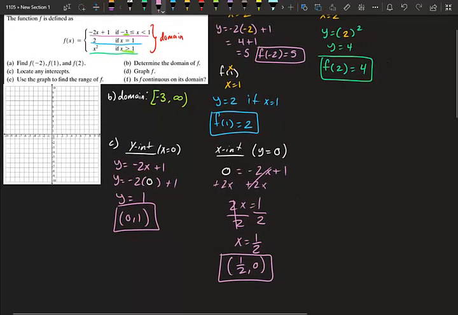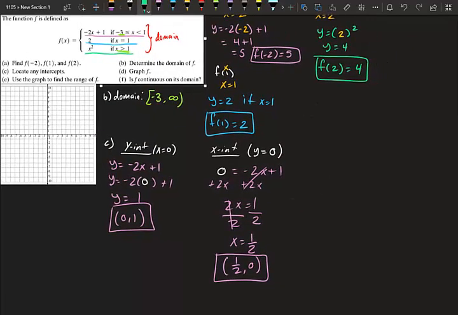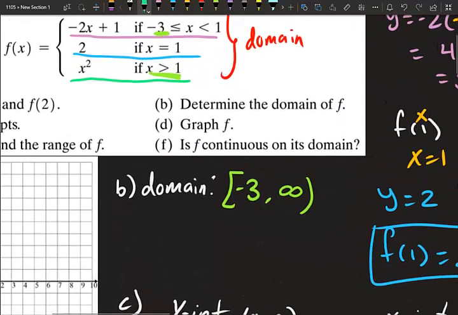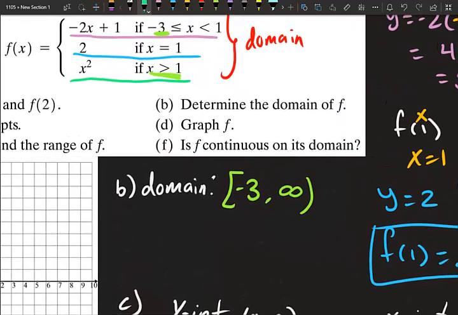Now we have to do the same thing with the bottom one. So the bottom one, we have y equals x squared, so we're going to replace y with 0: 0 equals x squared. And then we get 0 equals x. But if we plug that into the domain, 0 is not greater than 1.